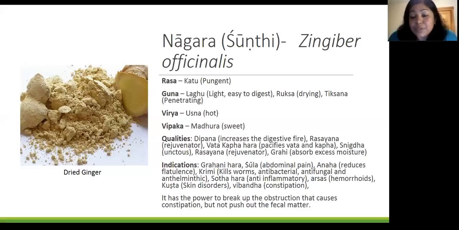So there's a specific explanation for that in the classical text. It says that it has the power to break up the obstruction that causes constipation, but it will not push out the fecal matter, okay? So that's the reason why it helps in vibanda, or constipation, and it is also grahi in nature.